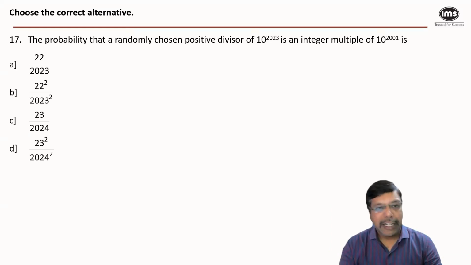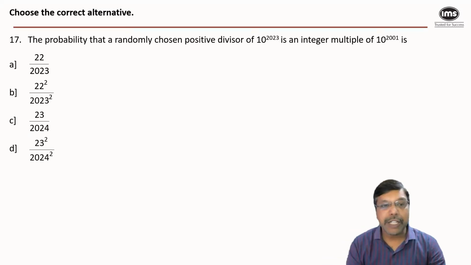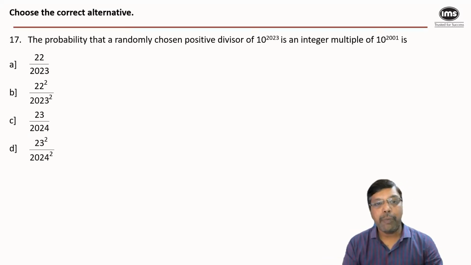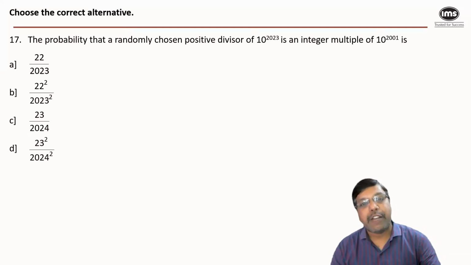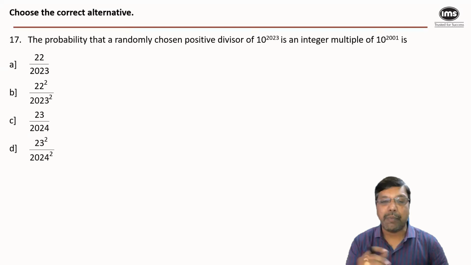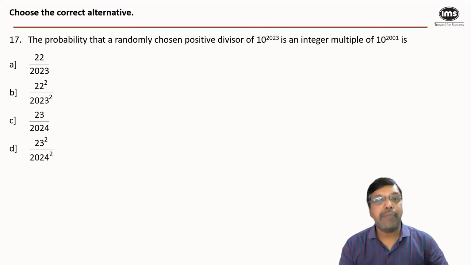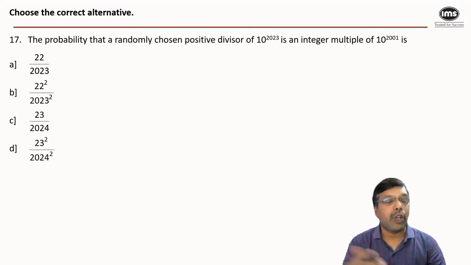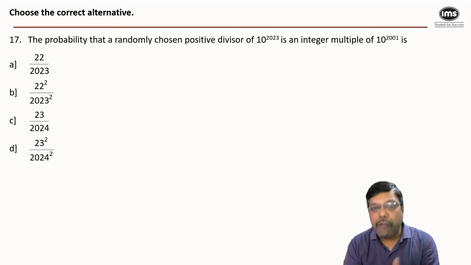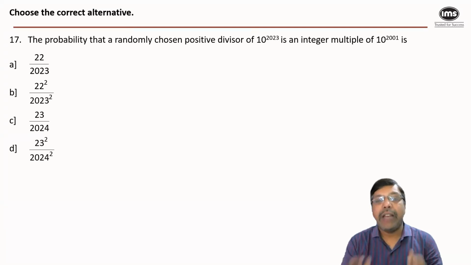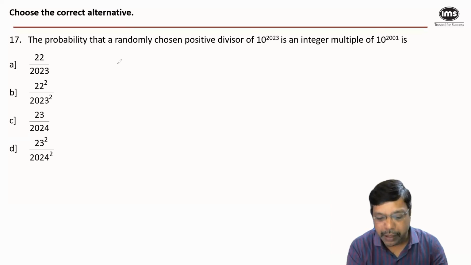Now, question number 17 is indeed a frequently seen type of question. We need to find the probability that a randomly chosen positive divisor, which is nothing but, in simple terms, a factor of 10 power 2023, is an integer multiple of 10 power 2001. So first of all, let us calculate how many factors does 10 power 2023 have.